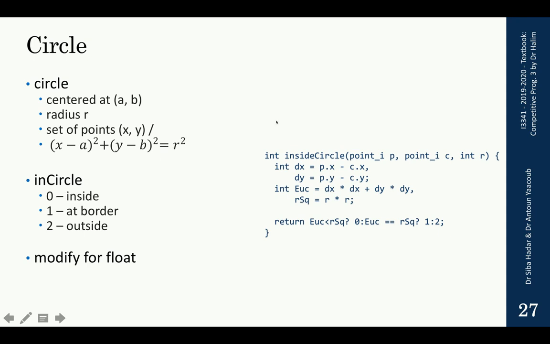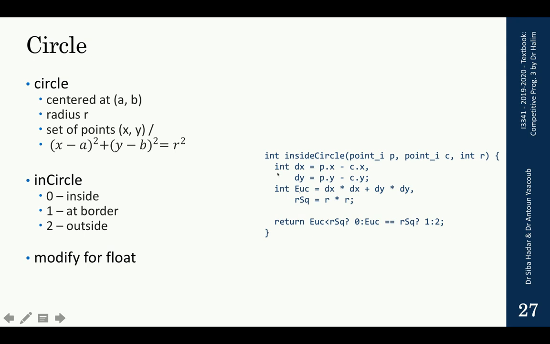We now define the function inside circle, which, given a point P and a circle defined by its center and its radius, returns 0 if the point is inside the circle, 1 if P is at the border of the circle, and 2 if the point P is outside the circle.